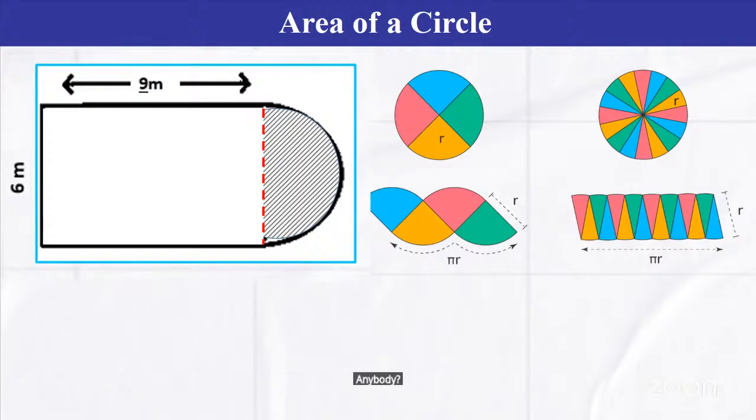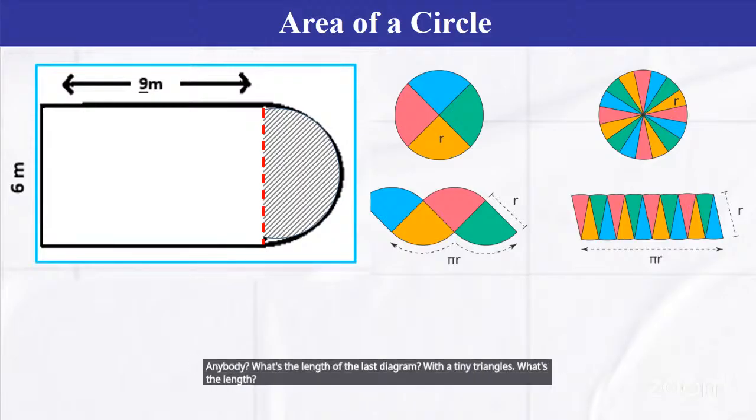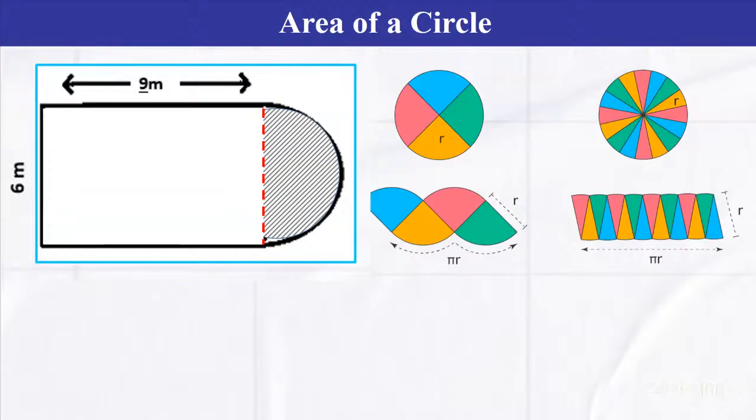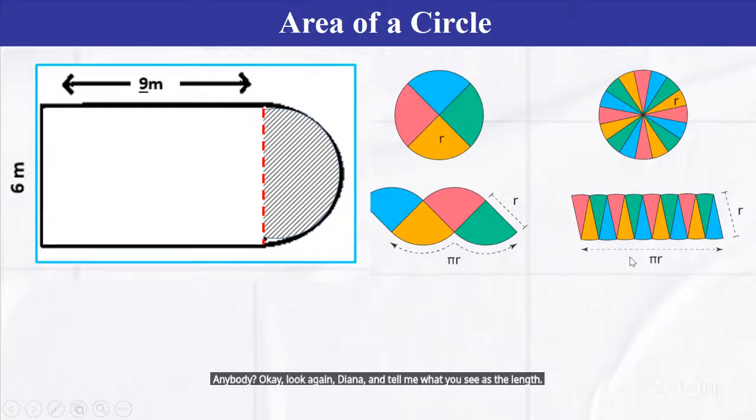What's the length of the last diagram? Diana says R. Okay, look again, Diana, and tell me what you see as the length, which is the longer side of the rectangle.